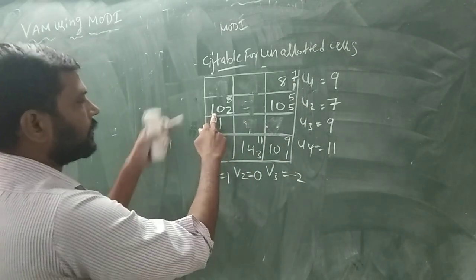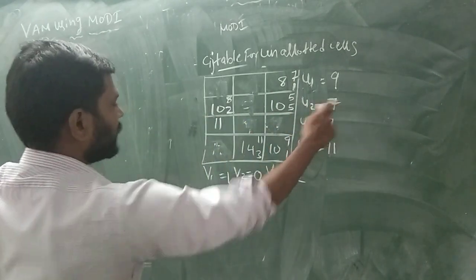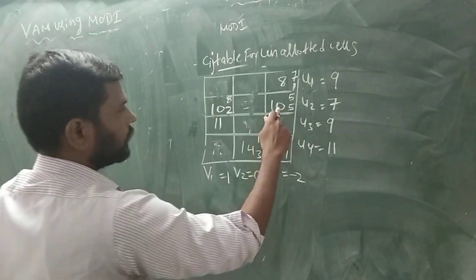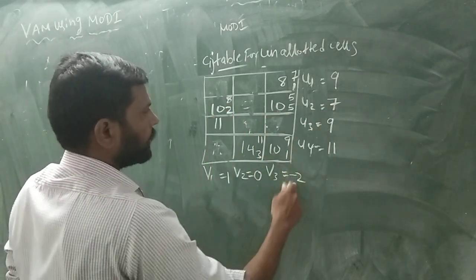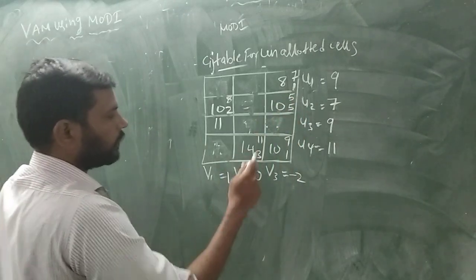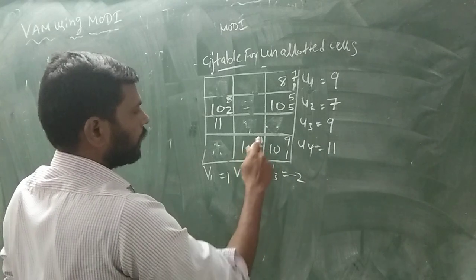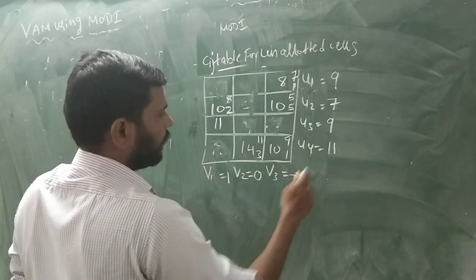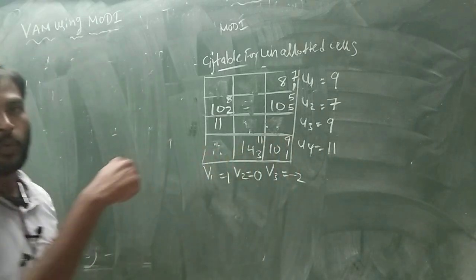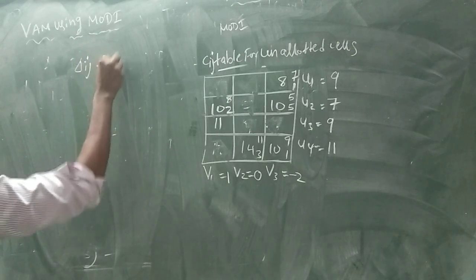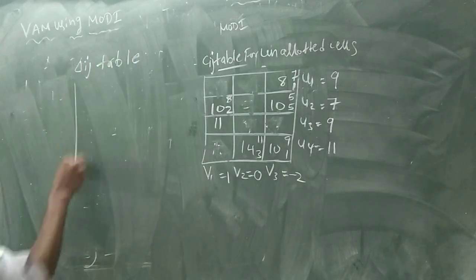Next I take this 10, outer value is 7 plus 1 is 8, 10 minus 8 is 2. Next is 10, outer value is 7 minus 2, 5, 10 minus 5 is 5. And finally 14, 0 plus 11, 11, 14 minus 11 is 3, and 10, 11 minus 2 is 9, 10 minus 9 is 1. So next one is the delta ij table.